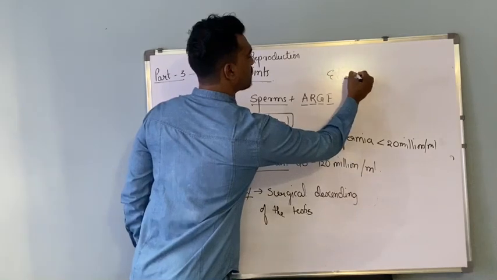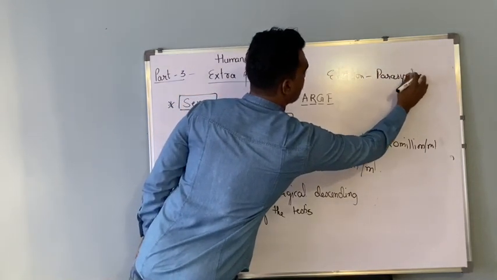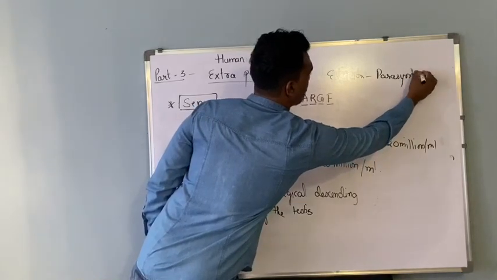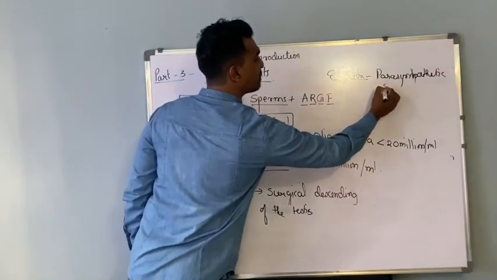Now, we studied erection. Erection is controlled by the autonomic nervous system, specifically the parasympathetic system.